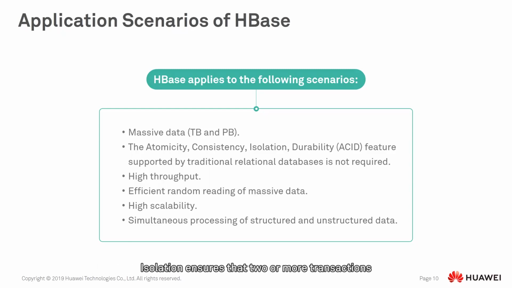Isolation ensures that two or more transactions will not be executed in an interleaved manner, because this may cause data inconsistency. Durability means that after a transaction is executed successfully, modifications made on the database are retained permanently. No rollback is performed unless necessary. When we don't require any of these four features, we can use HBase.